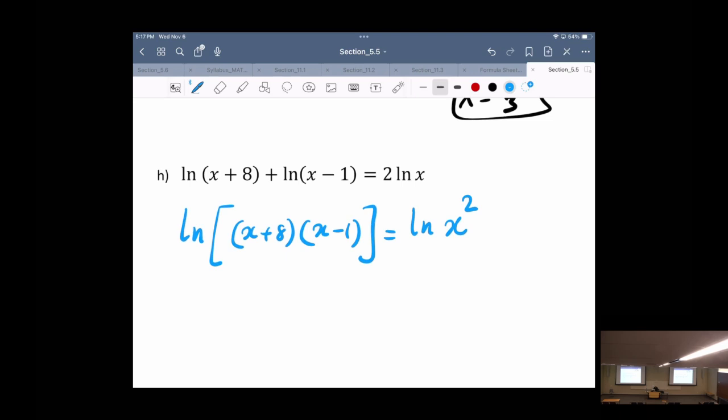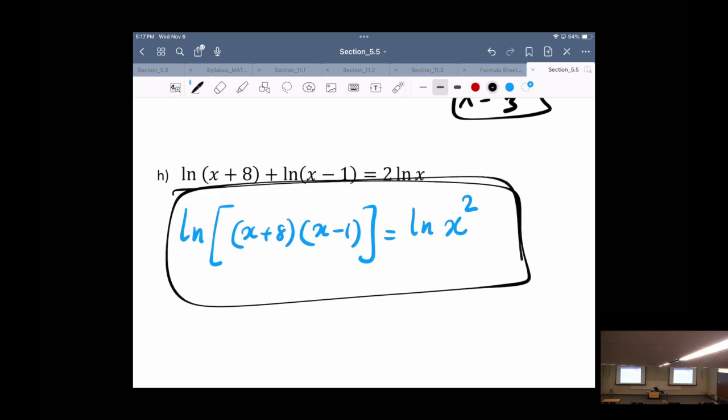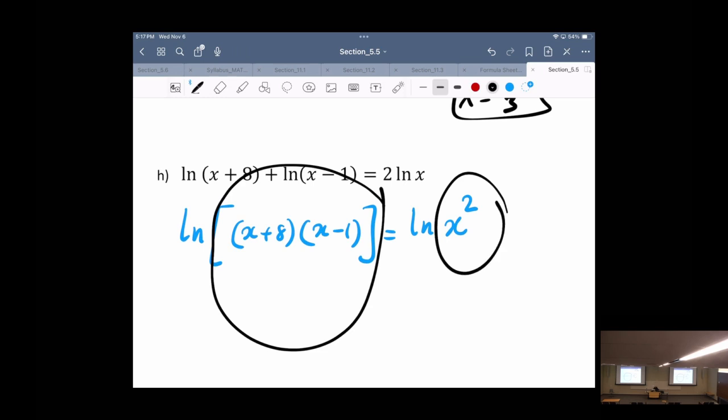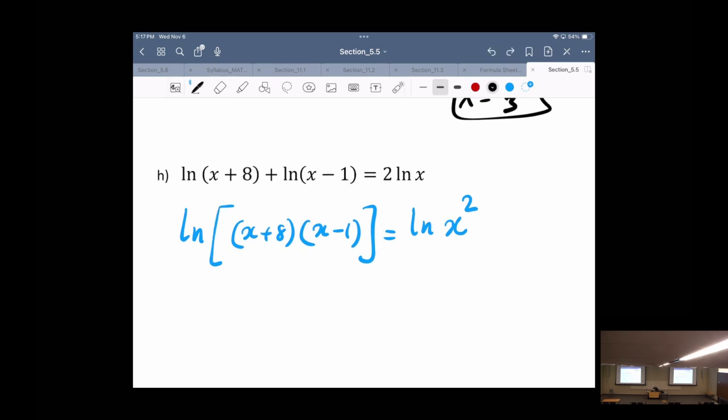So what do we do now? Well, if this equation is to hold, then whatever we have inside the bracket should be equal to x squared, right? Because both sides are natural logs, that's why we can say that.